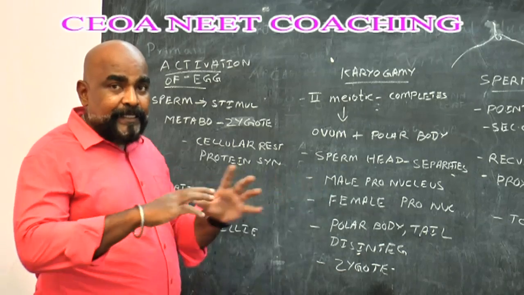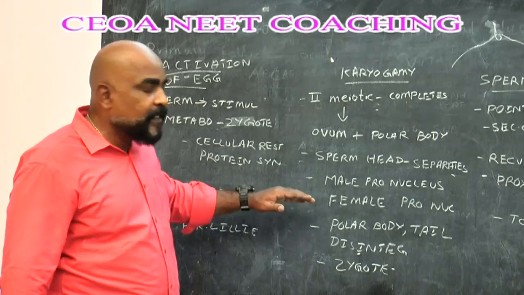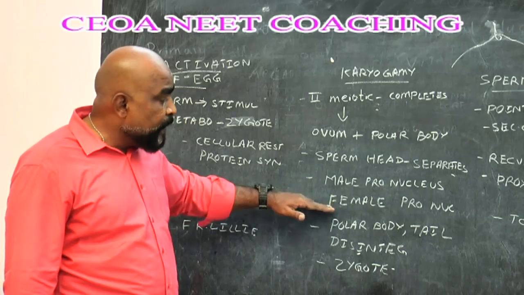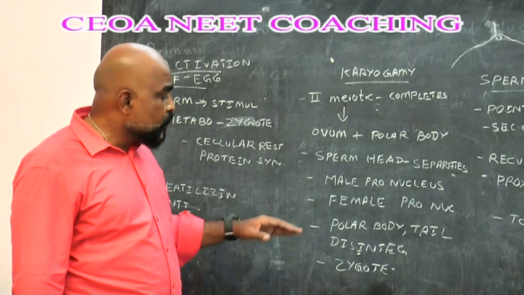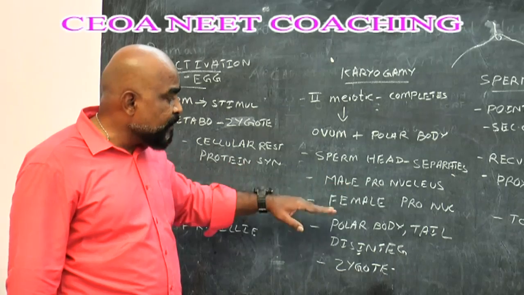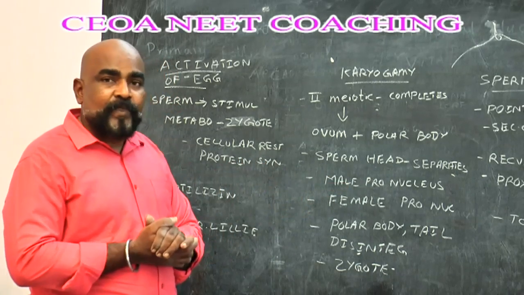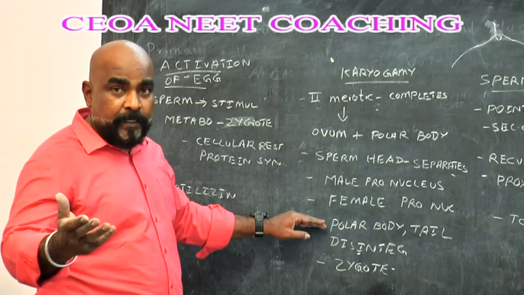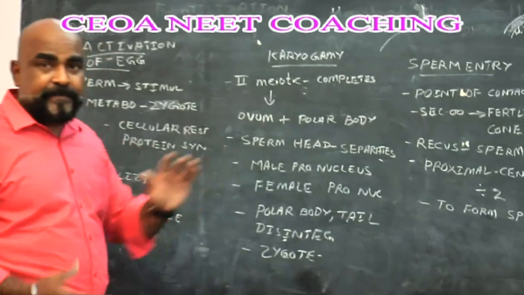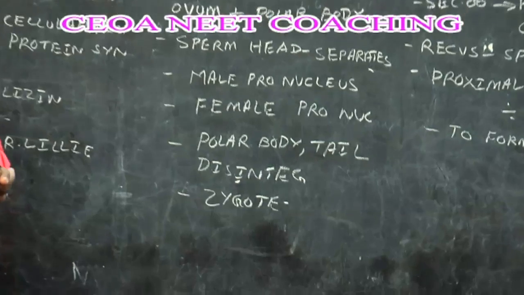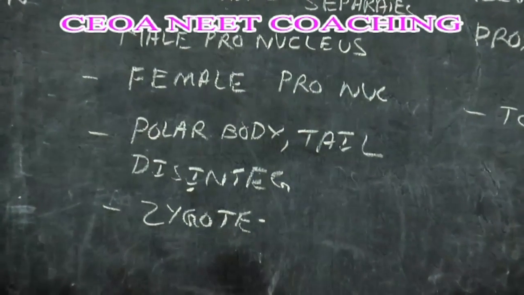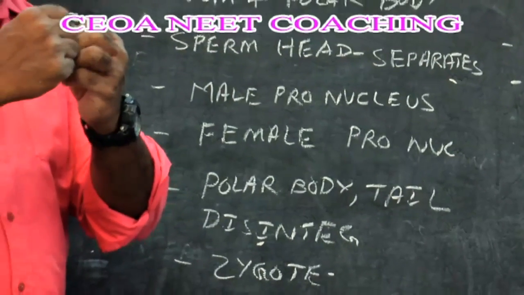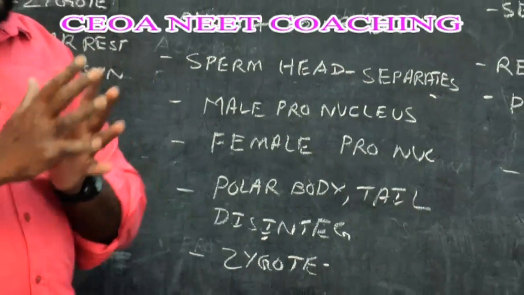And already there is another nucleus, the nucleus of the oocyte, which is now called the female pronucleus. So now both male pronucleus and female pronucleus are there. And what happened to the polar body? What happened to the tail? They get disintegrated. Now the male pronucleus and the female pronucleus join together. They form a zygote, which is diploid.